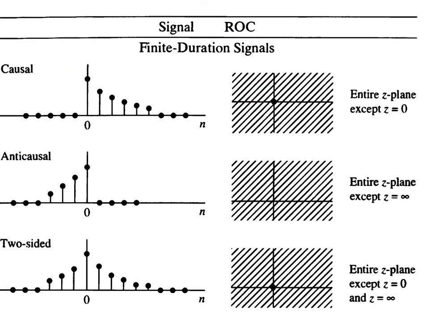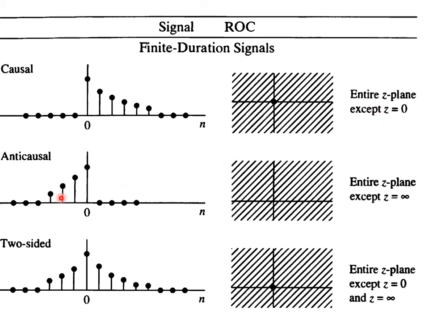From all these examples, in example number 1 we have different finite sequences, which were causal, non-causal and two-sided sequences as well. And in examples 2, 3, 4, 5 and 6 we have infinite sequences, a mix of causal, non-causal and two-sided sequences. From these examples we can generalize our discussion. For any causal sequence, the region of convergence in the z plane is the entire z plane except z equal to 0.